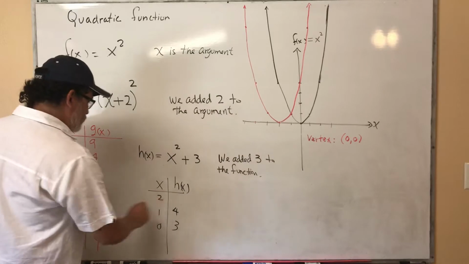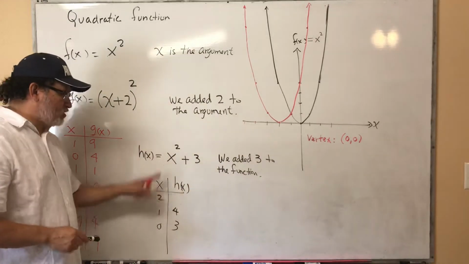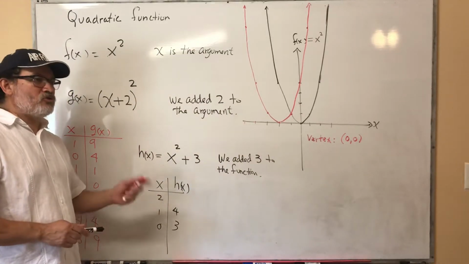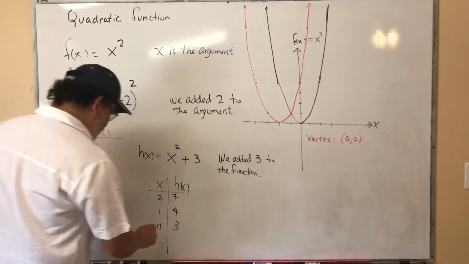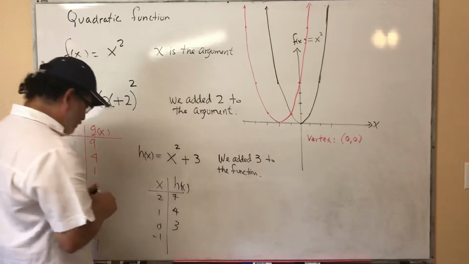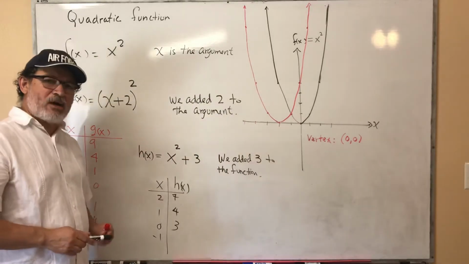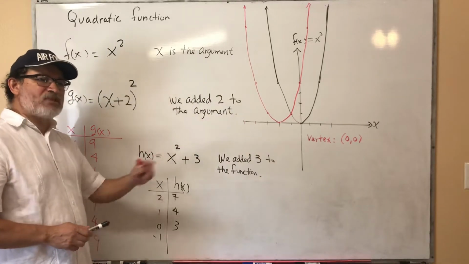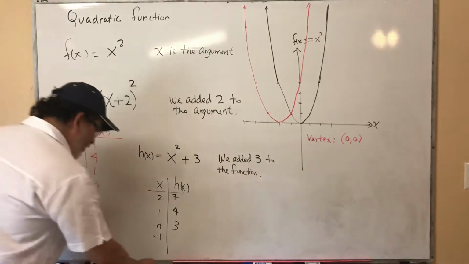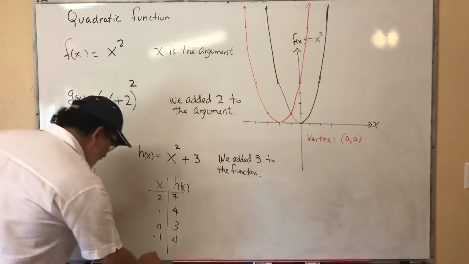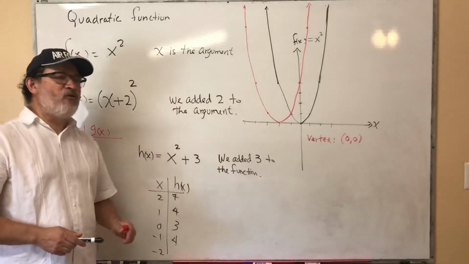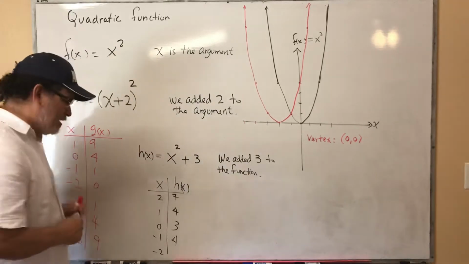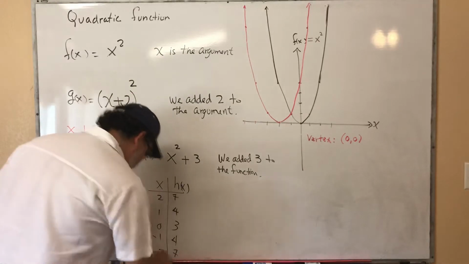If x is 2, what's 2 squared? 2 squared is 4, 4 plus 3 is 7. If x is negative 1, what's negative 1 squared? 1, and 1 plus 3, 4. If x is negative 2, what's negative 2 squared? 4, and 4 plus 3, 7. There you go.